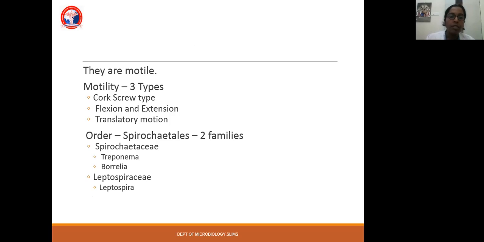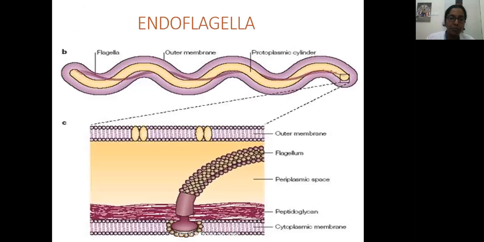These are the various families of spirochetes, which include Treponema, Borrelia, and Leptospiraceae, the family which includes Leptospira. Here is the endoflagella, which extends along the protoplasmic layer; it is embedded in the cell wall.